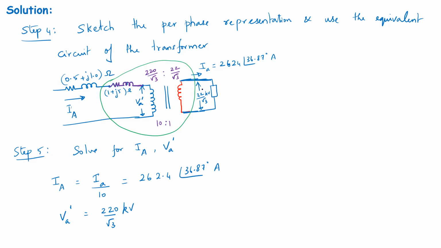Now we can make the voltage across the load as the reference voltage. So the vector representation of this will be an angle 0 degrees. Because the load voltage is considered as the reference point.